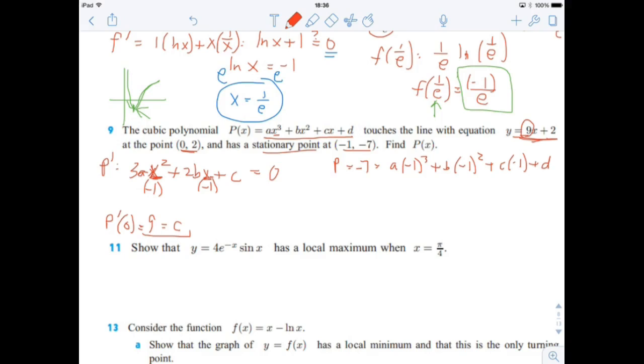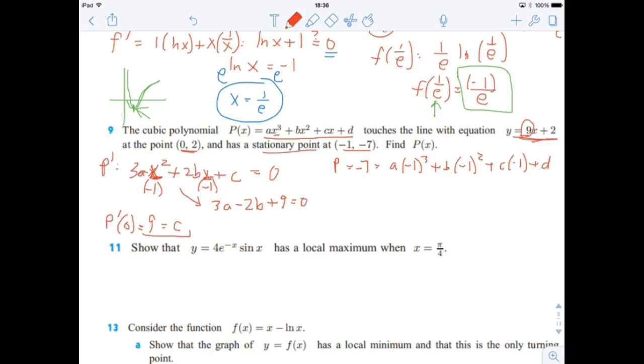Now that we know c is 9, that's going to help us here. We have 3a, -1 squared is 1, plus 2bx, which is minus 2b, and then c is 9, so plus 9 equals 0.